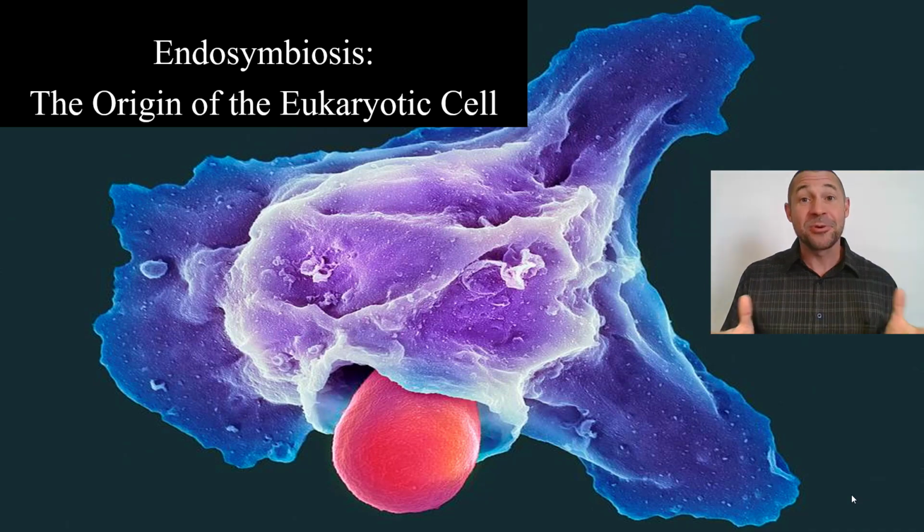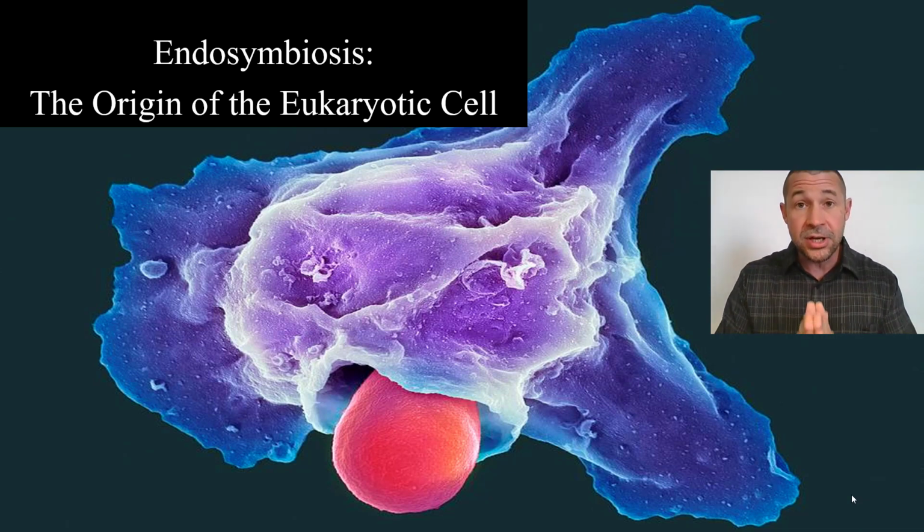Thanks. This is Professor Jared Rathel, and in this presentation, I'm going to be discussing the evolution of the larger, more complex eukaryotic cell. Of course, the protists, the plants, the fungi, and the animals, like you and I, are all composed of eukaryotic cells.